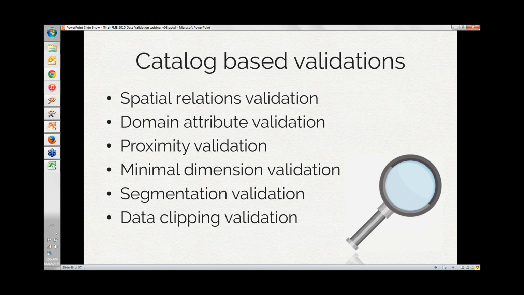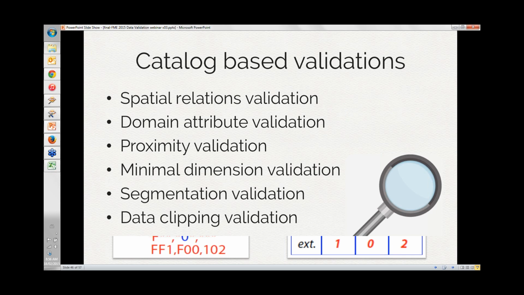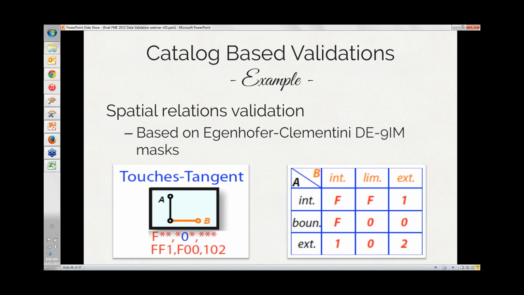They're doing a whole bunch of similar validations to what we've been seeing earlier, but also some very clever spatial relations as well. You can see there in the middle some minimal dimension validation that they do on their large-scale maps.